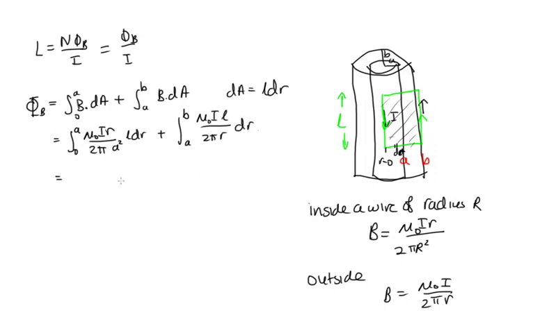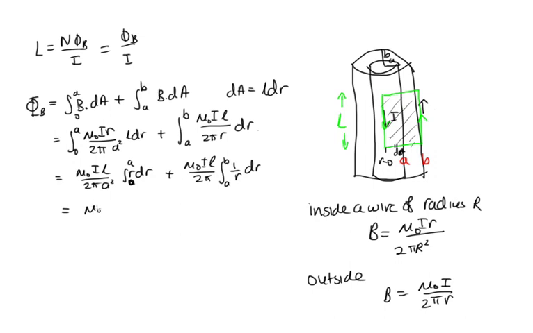So integrating this, we'll have mu naught I l over 2 pi a squared, and then we're going to integrate r dr from 0 to a, plus mu naught I l over 2 pi times the integral of 1 on r dr, and that's from a to b.